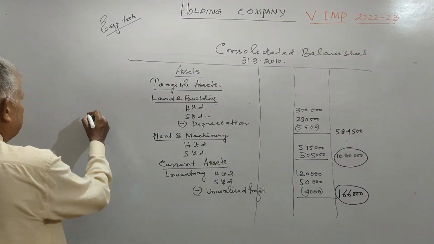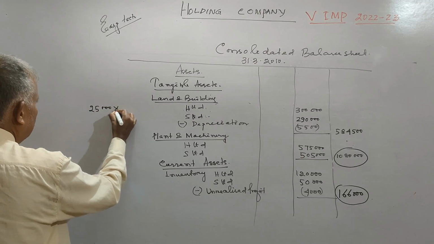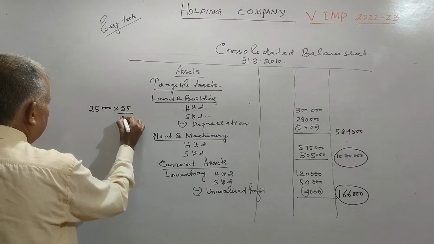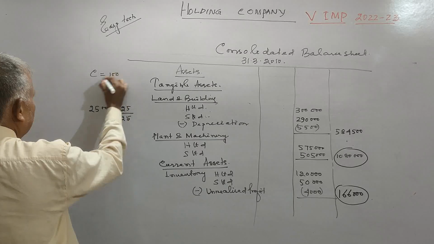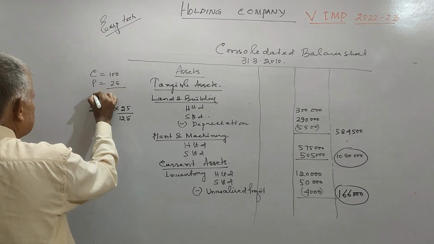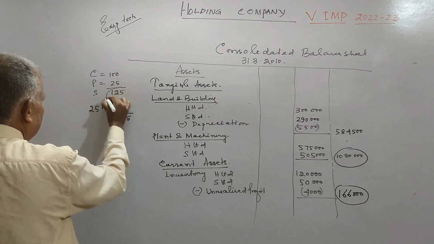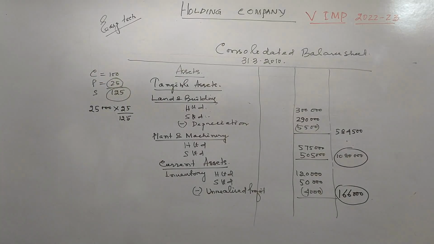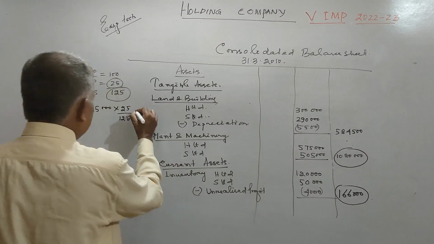So unrealized profit will be 25,000 into 25 by 125. If cost is 100, profit is 25, then transfer price or sale price is 125. So in 125 profit is 25 and the unsold stock is 25,000.